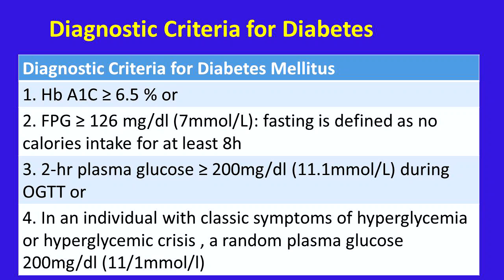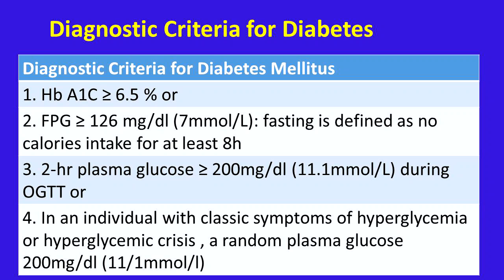We can also use the OGTT test. During the OGTT test, if the level 2 hours after glucose load is more than 200 milligram per deciliter or 11.1 millimole per liter, it also reaches the diagnostic criteria.